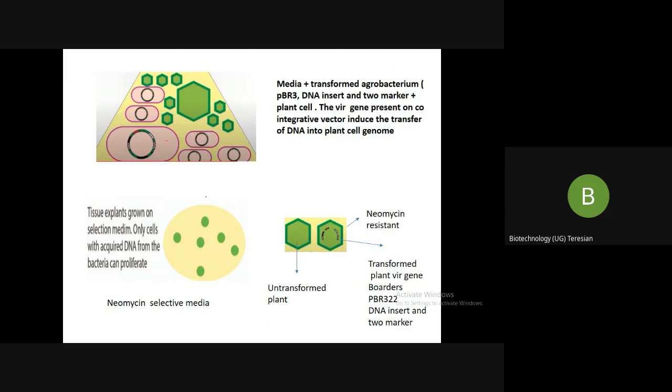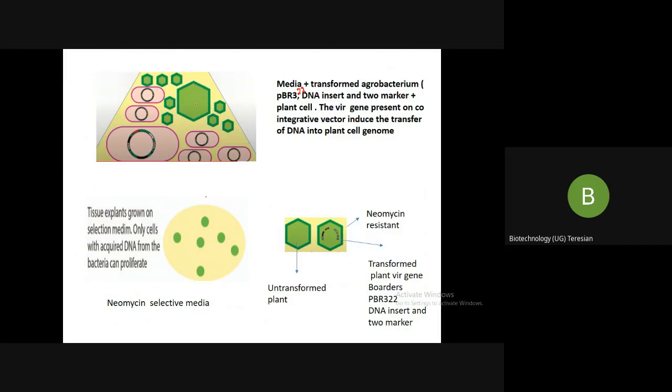After this has been done, the scientists take a media and add the agrobacterium containing the co-integrated plasmid. That is, it should have your pBR322, your DNA of interest, and the two markers, neomycin and kanamycin. The Vir gene, which is present on your co-integrative vector, also should be present. And along with this, you're adding your plant cells.